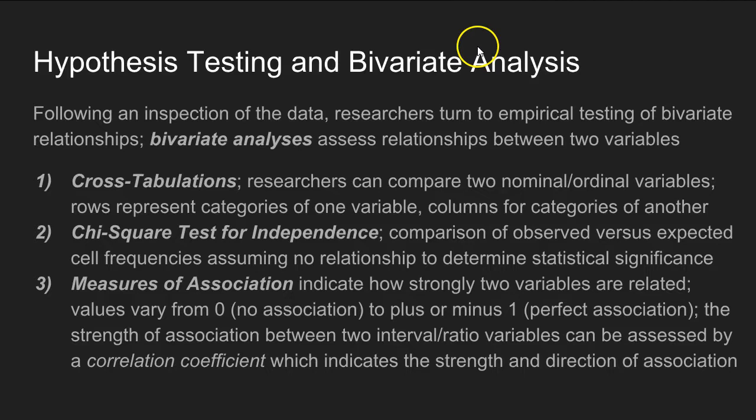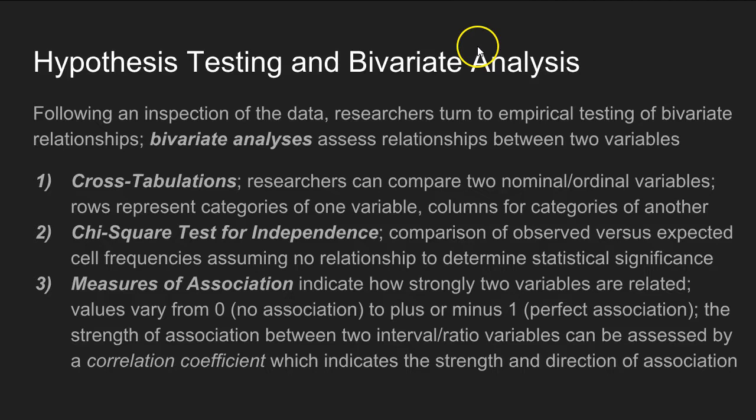But if there is a deviation in the observed versus the expected frequencies, the chi-square test will indicate a value that might be statistically significant, which suggests that the researcher has observed a relationship between two variables in their data set.